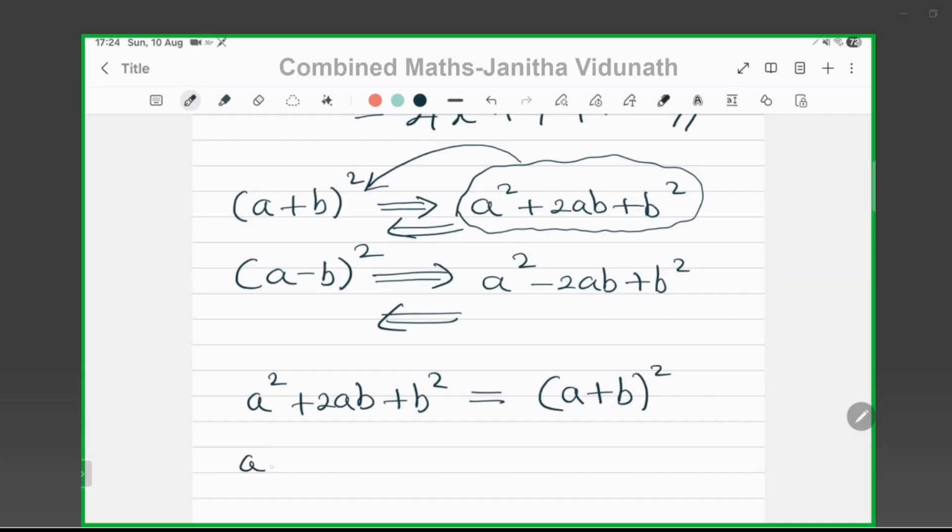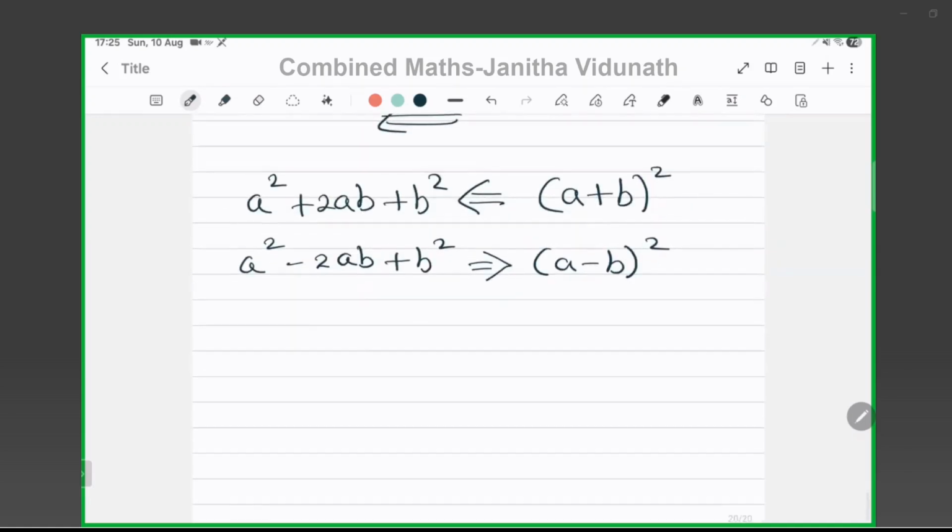If someone gives a square minus 2ab plus b square, then we need to write it as (a - b) whole square. The same thing that we did previously, but this is the other way around. Previously we expanded this. Now we need to reverse our steps.